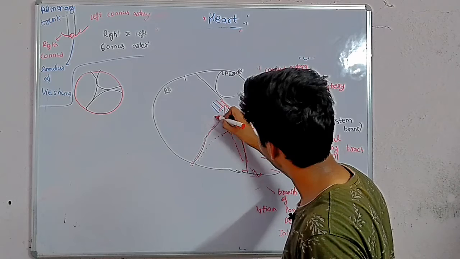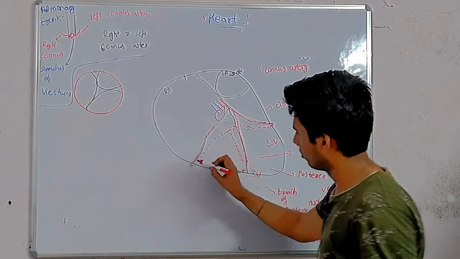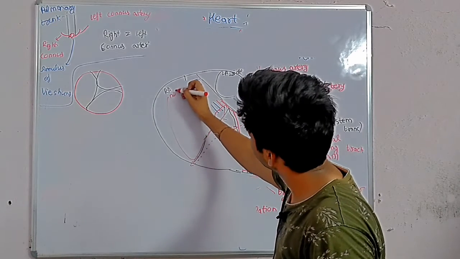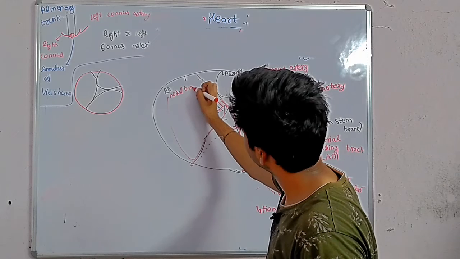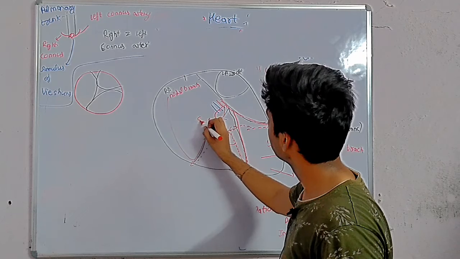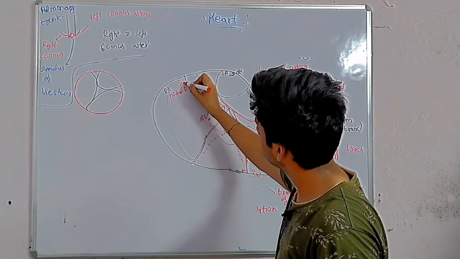One artery from this, one artery from this. Then a branch of this goes as the nodal branch. One branch from this goes to the AV node. This is the AV node, and this is for the SA node.